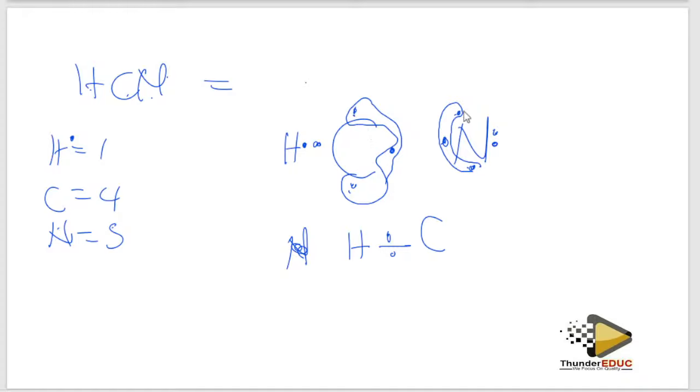This and this are going to form a bond with the nitrogen, this and this another bond, and this and this another bond. But now it has these 2 electrons which are remaining.